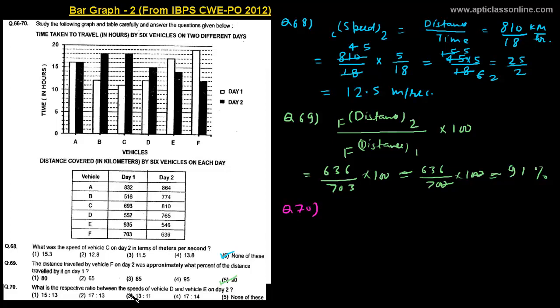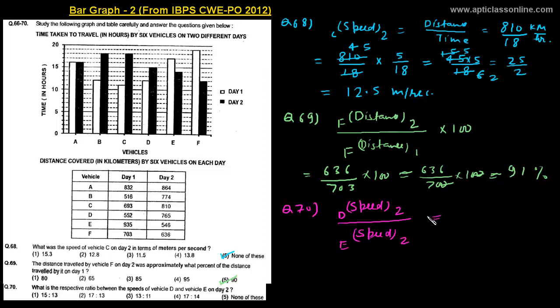What is the respective ratio between the speeds of vehicle D and vehicle E on day 2? So here we have to get the ratio of the speed of vehicle D on day 2 to the speed of vehicle E on day 2.